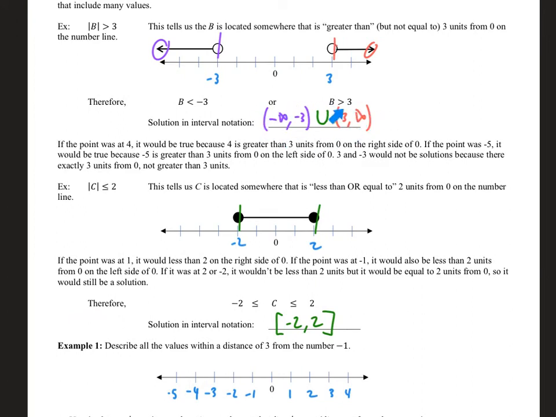So we need 2 intervals because we have 2 arrows, because we can't be both less than -3 and greater than 3. Whereas here with the and problem, where it's bigger than -2 and it's less than 2, there's lots of numbers that are bigger than -2 and less than 2. So we just have one interval there. Any of those numbers would work.